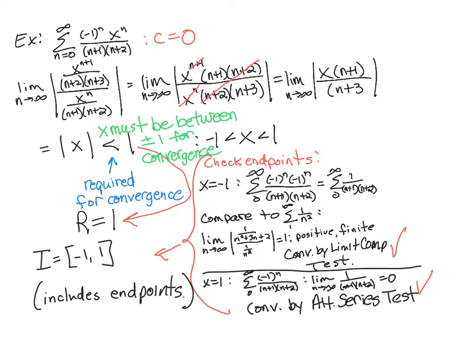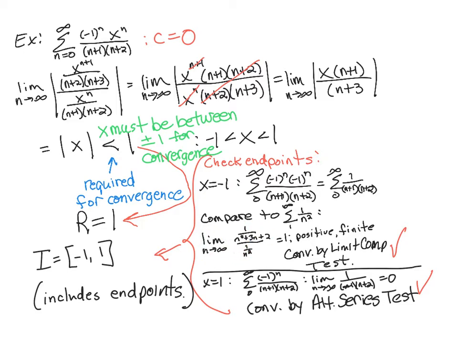So here's my ratio, and you know what? I messed this up. I'm going to fix my notes right here. That is not an absolute value. The absolute value comes in the ratio test. The limit comparison test doesn't have an absolute value. Okay, so I've put the ratio of one thing to the other here, and I'm taking the limit as n goes to infinity.